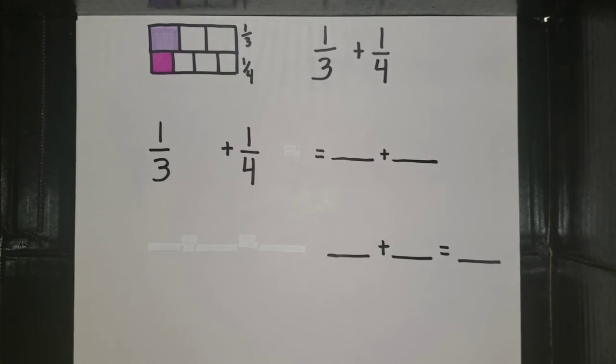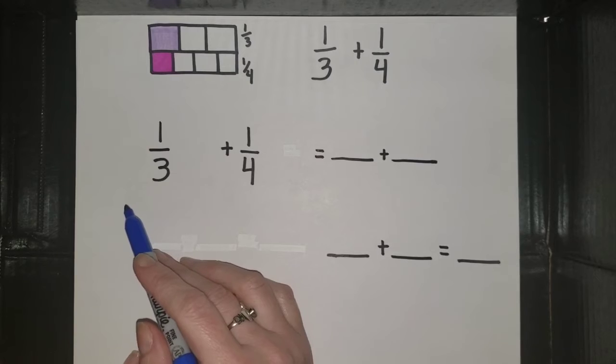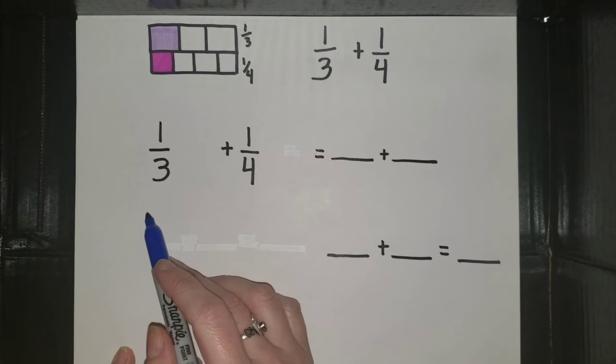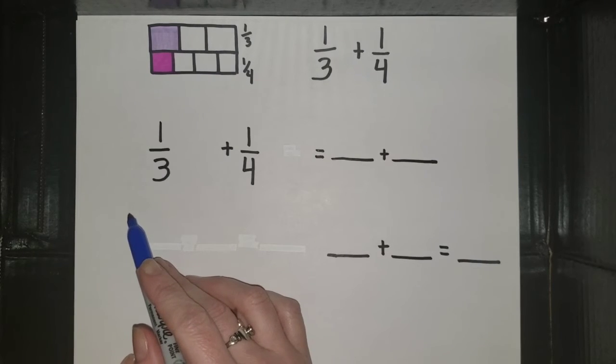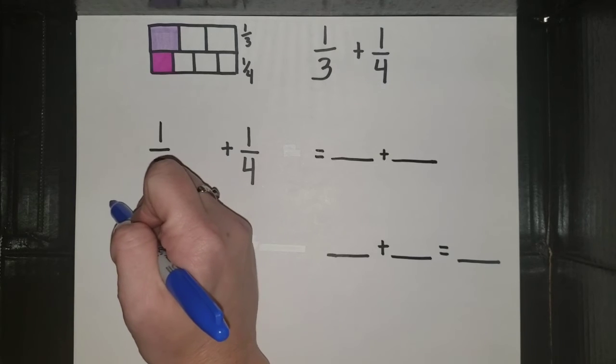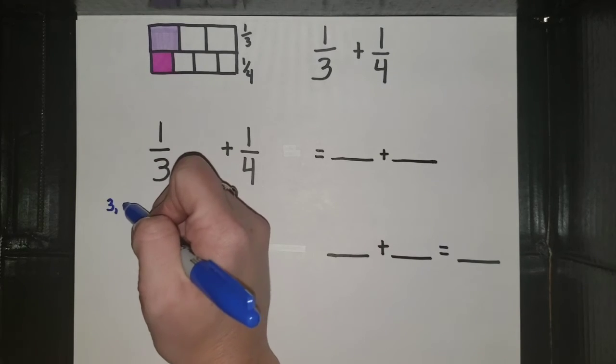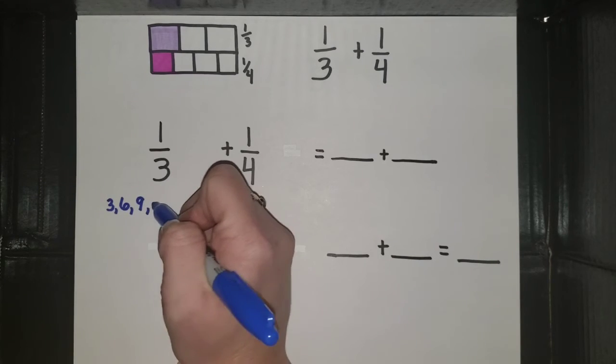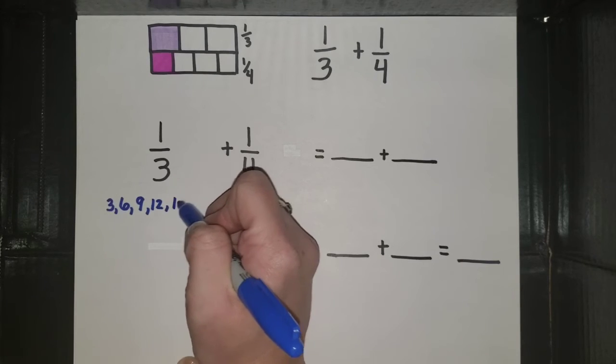So we are going to convert both 1/3 and 1/4 to a different equivalent fraction, but where they both have the same denominator so that we can add them properly. How we do that is we come up with the multiples for both denominators to determine what the least common multiple, the LCM, is. So for 3, I think about 3 times 1 is 3, 3 times 2 is 6, 3 times 3 is 9, 3 times 4 is 12, and 3 times 5 is 15.